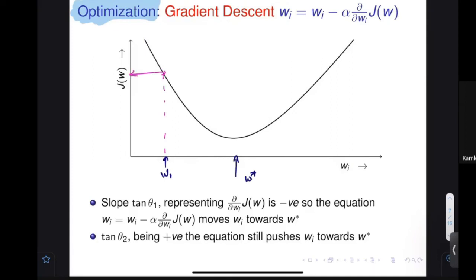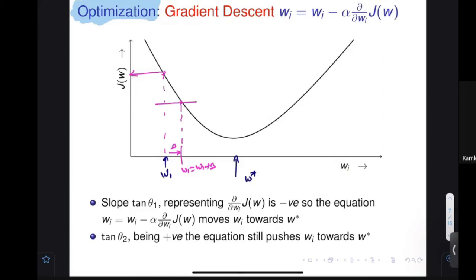If I change a bit, if I increase this w, and the value becomes w1 plus delta, there is a change in the error. So you can again come back here and say that the new error is this.